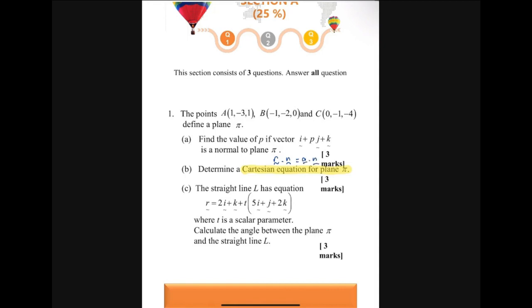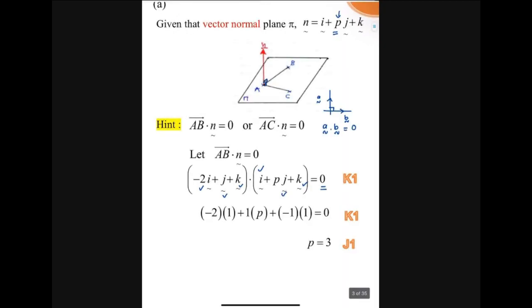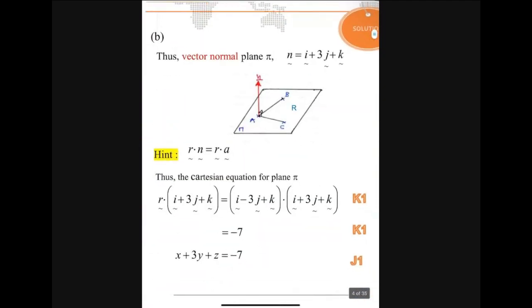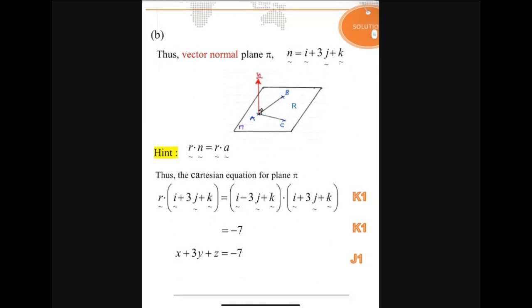So let's go through the solution. If we want to find the Cartesian equation of a plane, as I said just now, r dot n equal to a dot n. Sorry, slight error here: a dot n. So what is r? r is vector x, y, z. n is a normal vector on that plane.